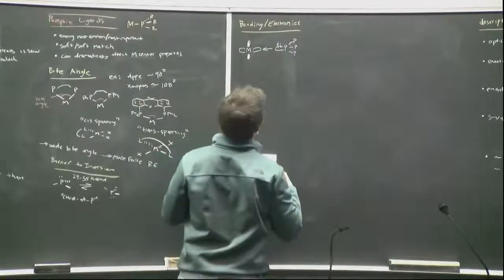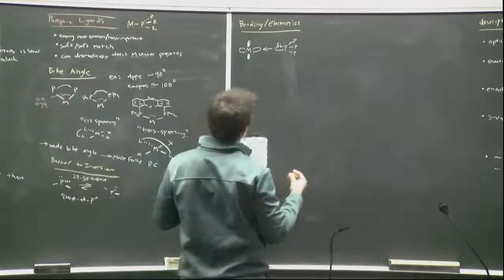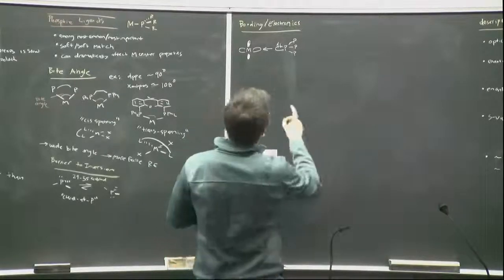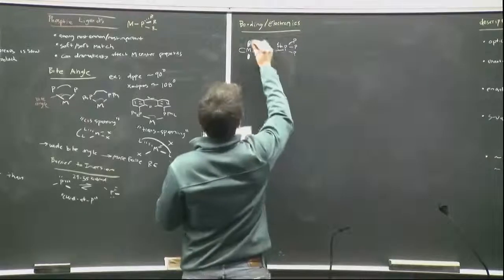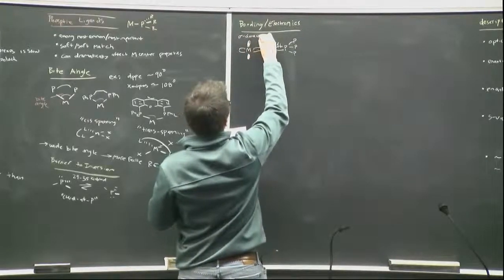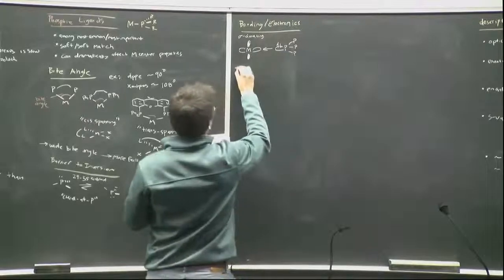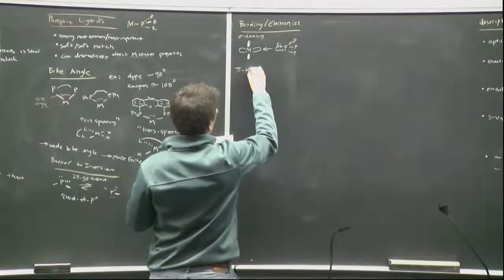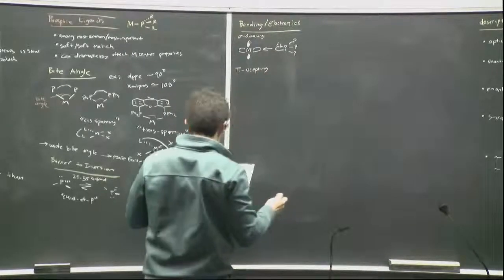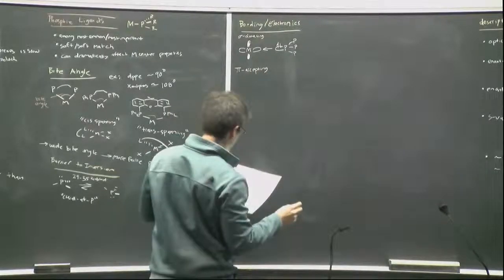So let's consider this as the d x squared minus y squared, for example. And we mentioned that they can also be pi accepting.